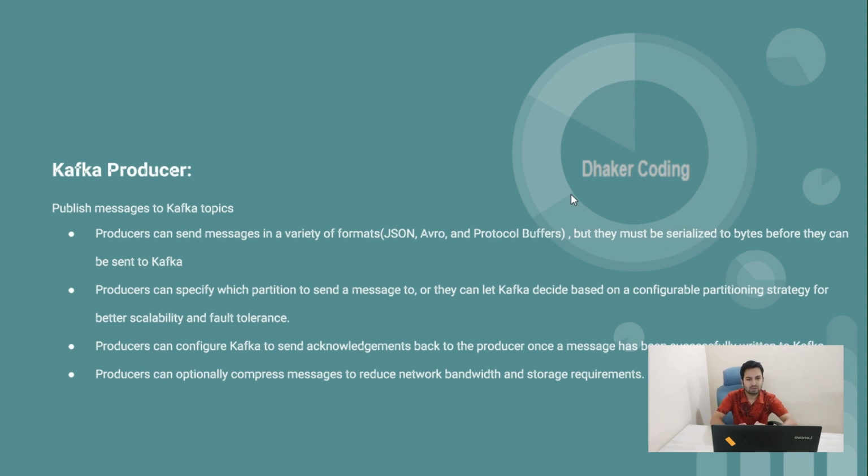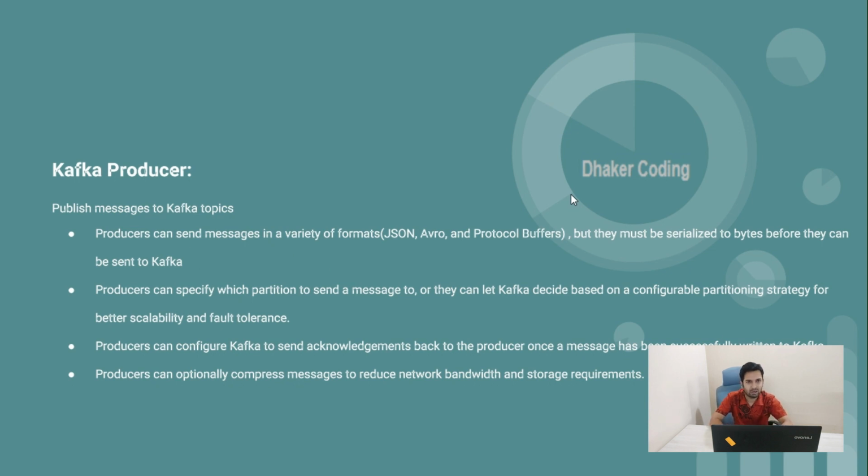So now let's say I want to send the message into a particular partition. Then we can configure that topic and send by default to a particular partition only, or let Kafka decide which partition it will send to, to scale and reduce fault tolerance issues. Also, how will we know that the message we have written into a Kafka topic is successfully written or not?